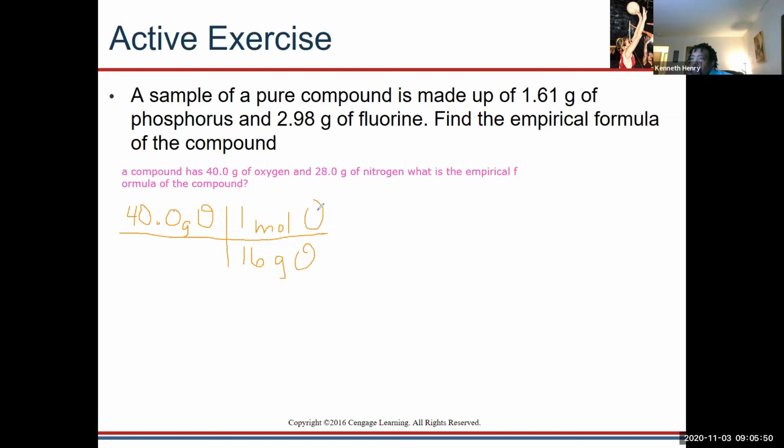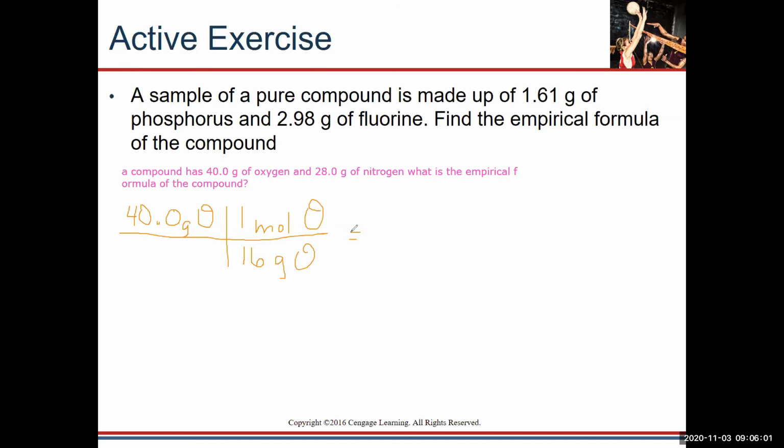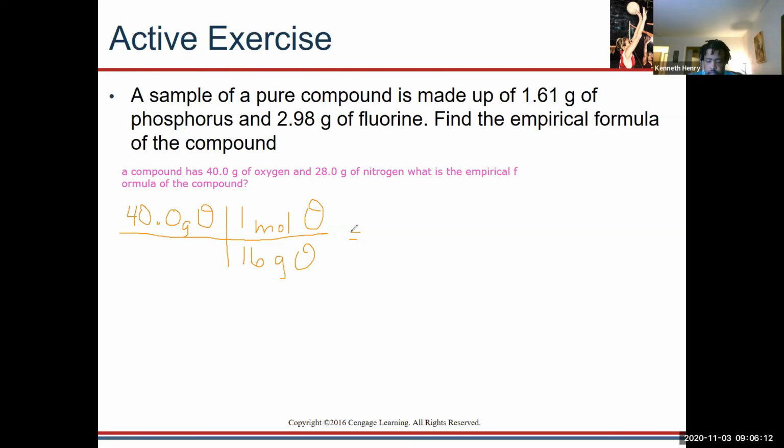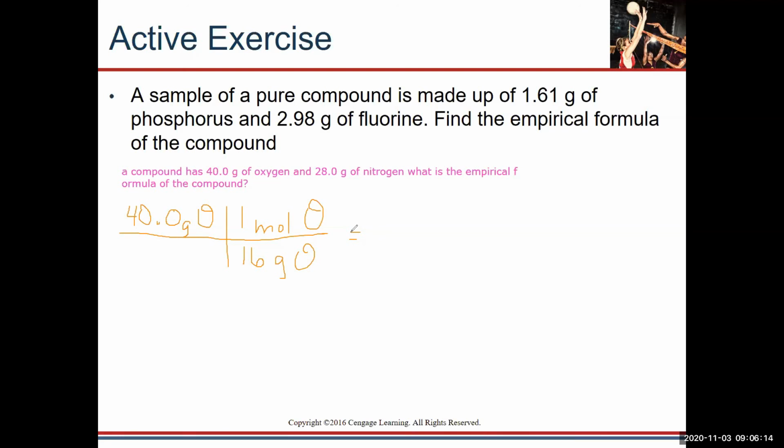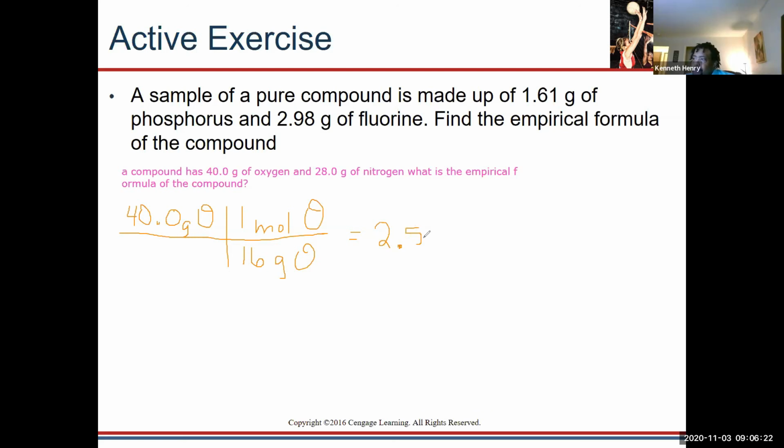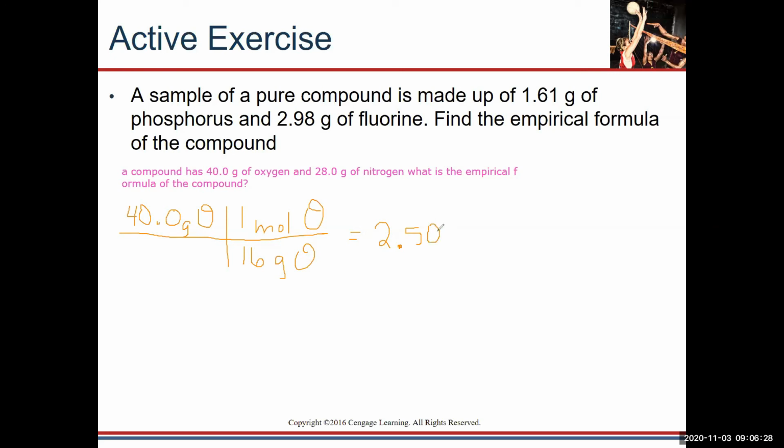So what do I get? 40 divided by 16. It's 2.5. How many sig figs? 3. So 2.50.